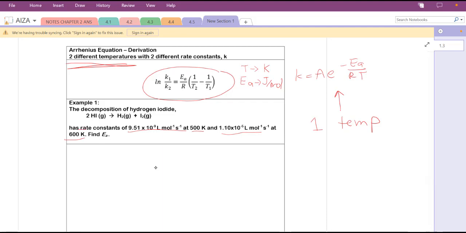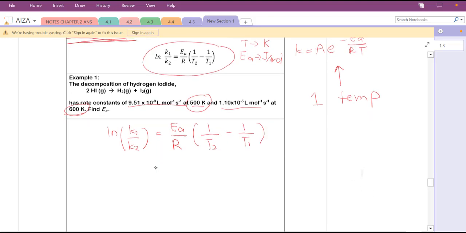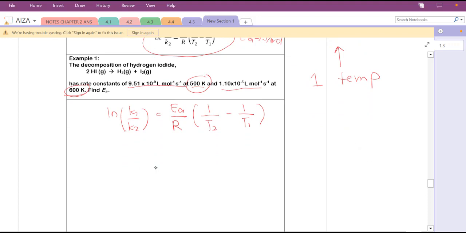When you have two different temperatures, you need to use this formula. R is a gas constant value. Temperature must be in Kelvin, and the question already gives you Kelvin. This is your k1, this is T1, this is k2, this is T2. So we insert the values.